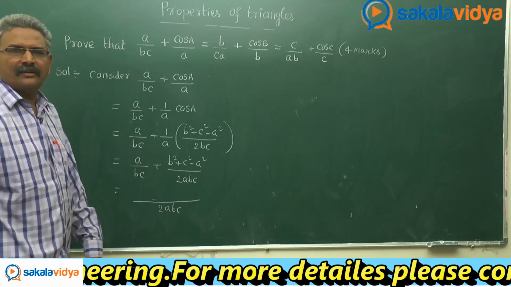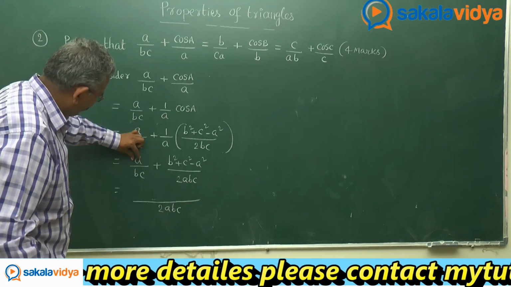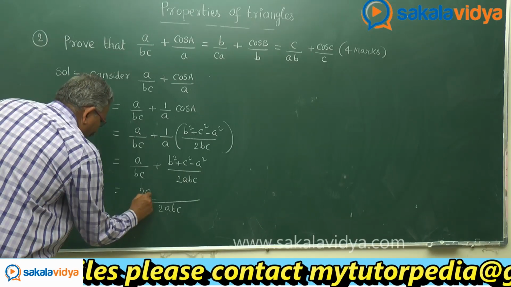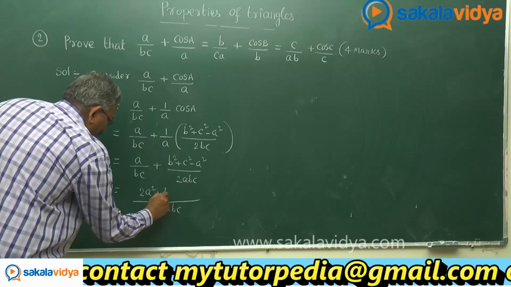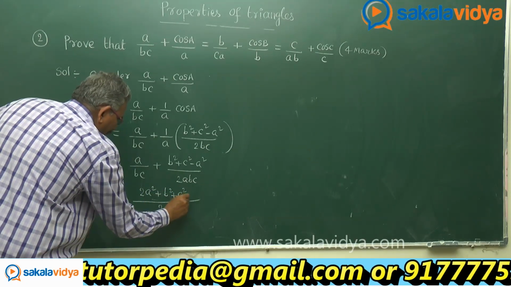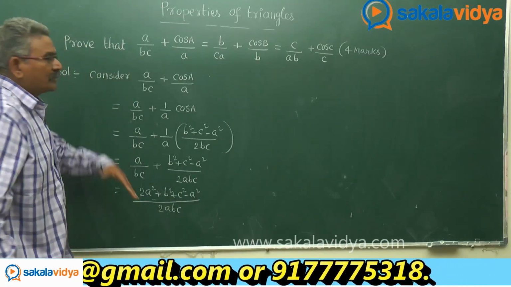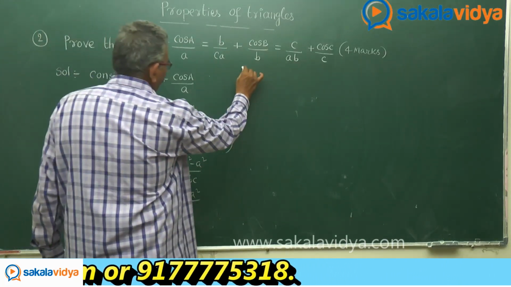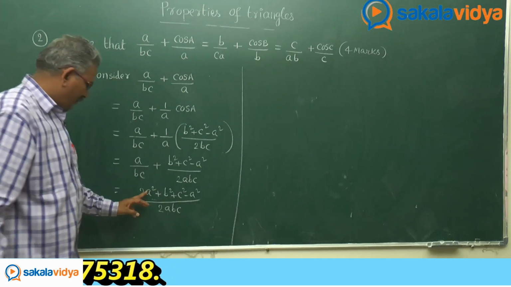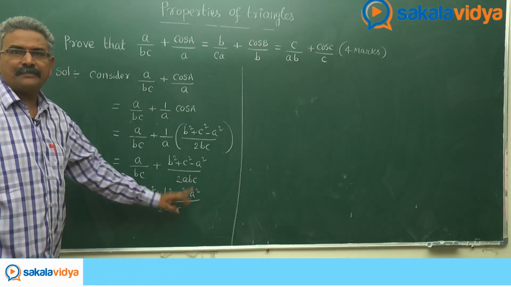bc gets cancelled. We have 2a multiplied by a, 2a² + b² + c² - a². Further simplification, we get 2a² - a² is a². Am I correct?